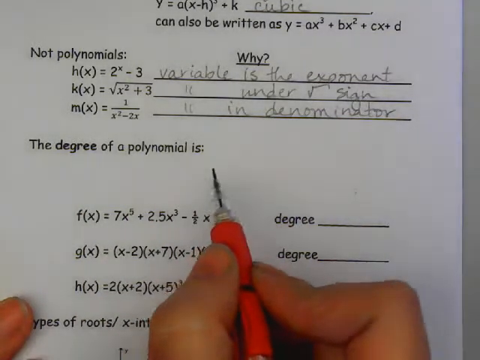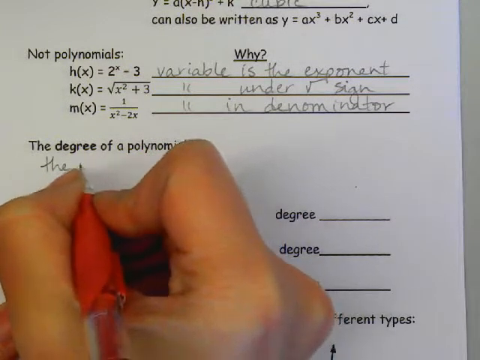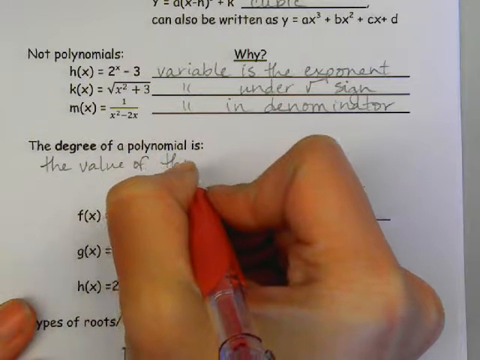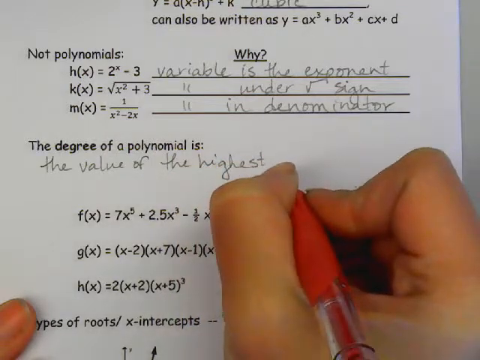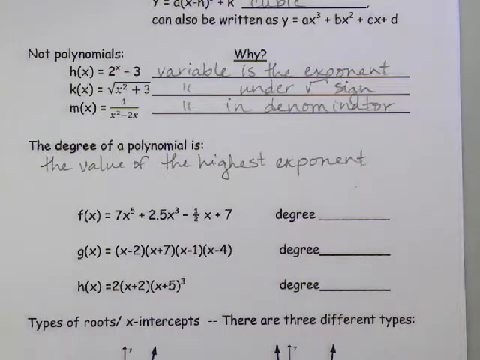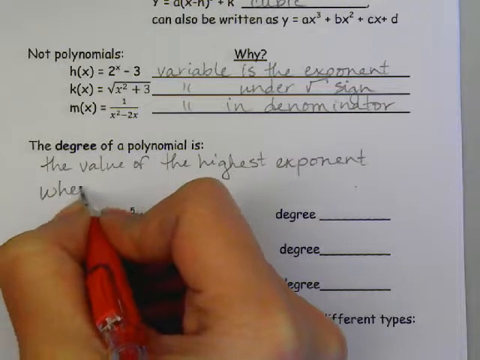So the degree of the polynomial is the value of the highest exponent, and I'm going to put, when everything is multiplied out.